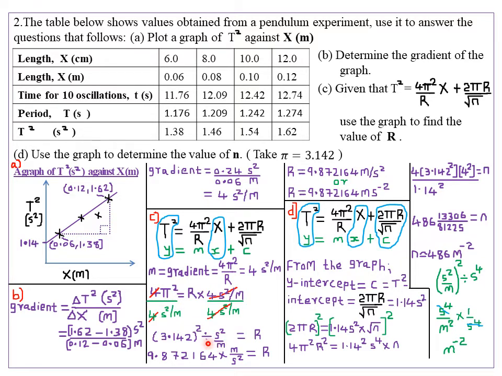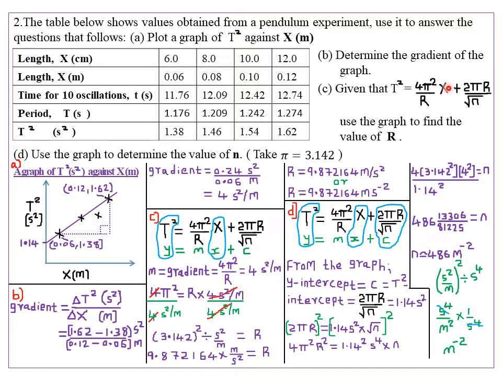When you divide, you multiply by the reciprocal, and the reciprocal of second squared per meter will be meter per second squared. Therefore, your r will be equal to 9.872164 meters per second squared, which can also be written as meters second power -2, courtesy of the laws of indices. Then part D, you are required to use the graph to determine the value of n.